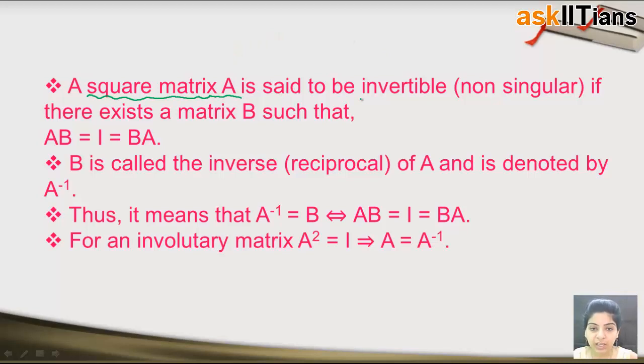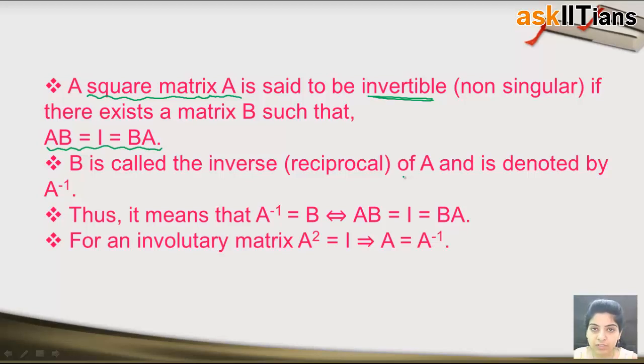A square matrix A is said to be invertible if there exists a matrix B satisfying this condition, that is AB equal to I equal to BA. So a square matrix A is said to possess an inverse, or is said to be invertible, if there exists a matrix B such that the product of both the matrices A and B comes out to be an identity matrix.